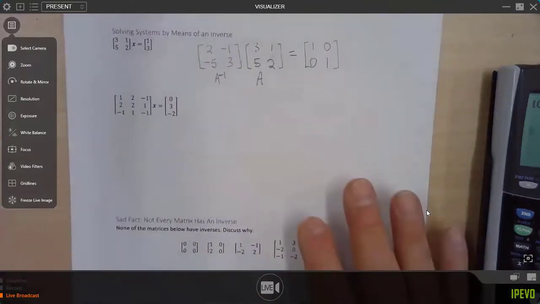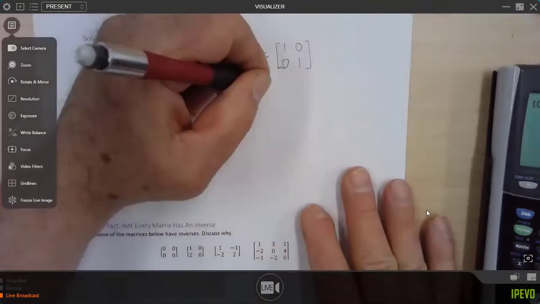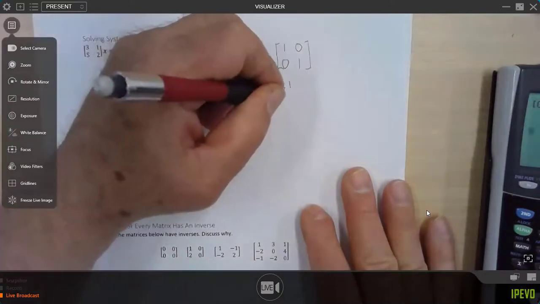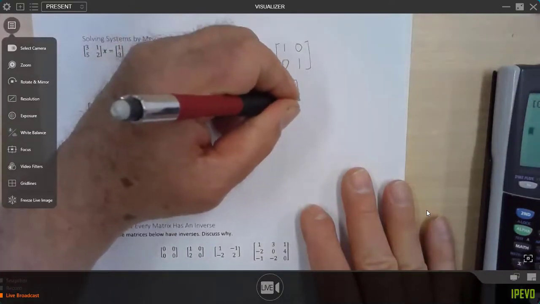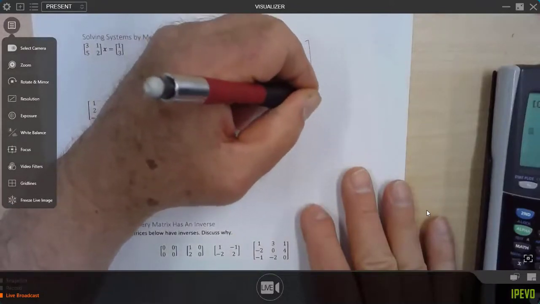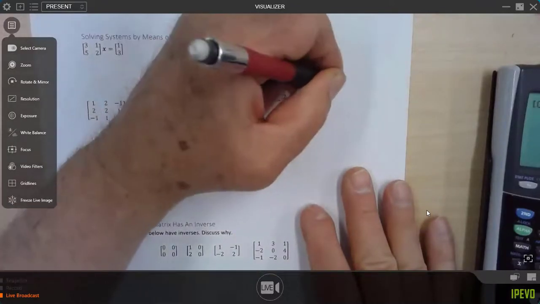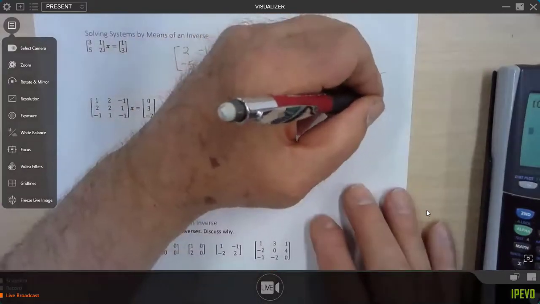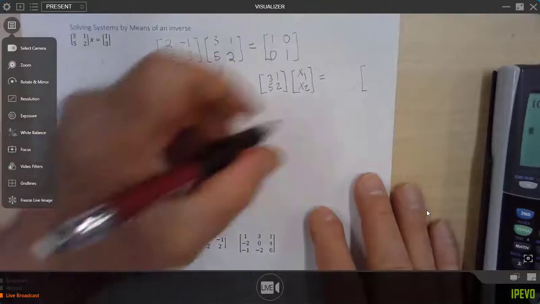Here's the idea. If I take 3, 1, 5, 2, multiply that by x1, x2, that equals 1, 3.